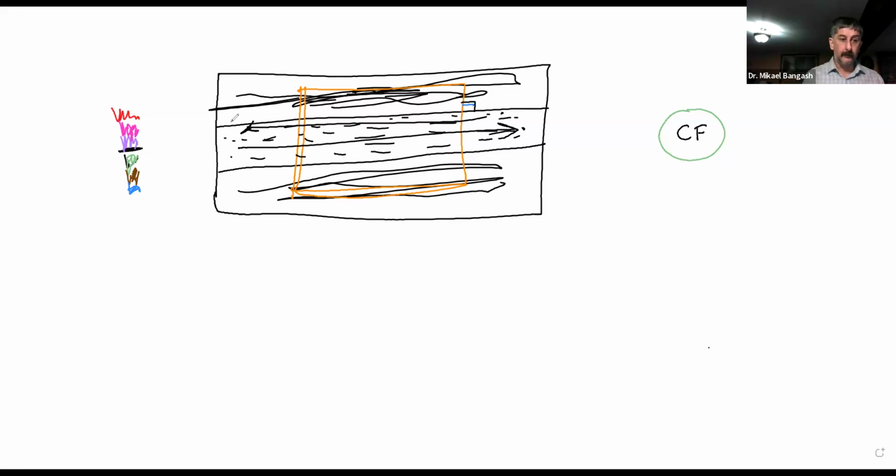Within this box here, your beams are going to be going like this, so they make a 90-degree angle with the direction of the blood flow.